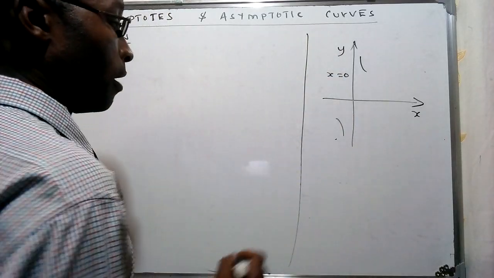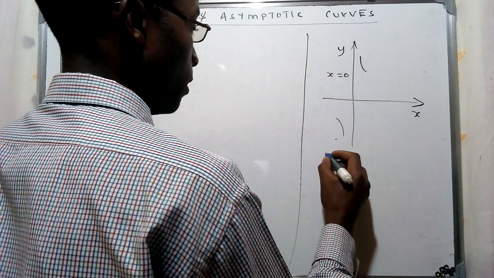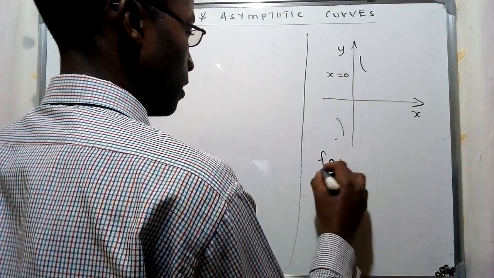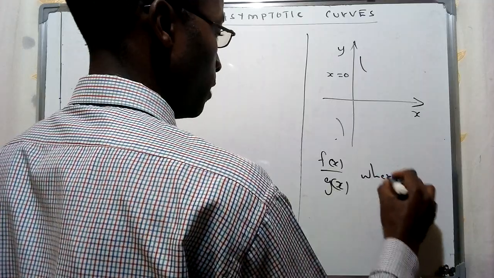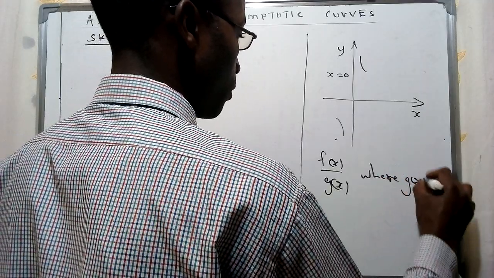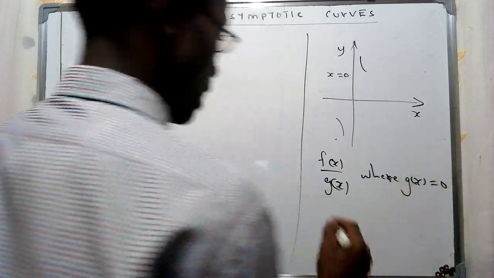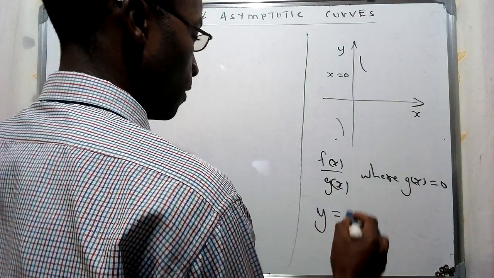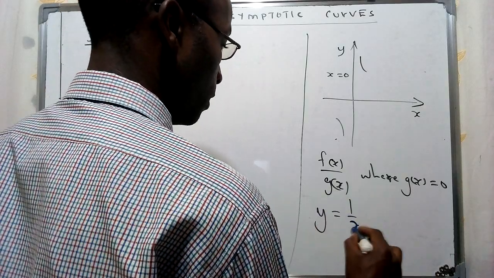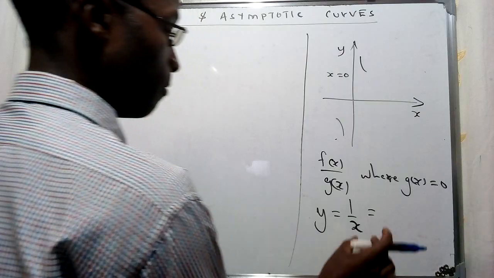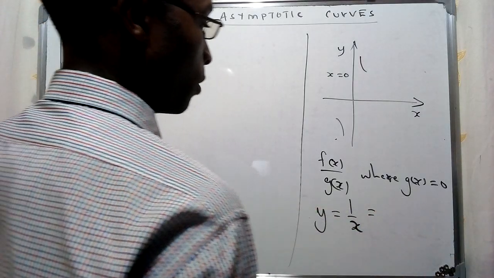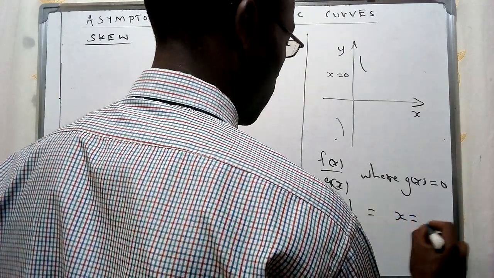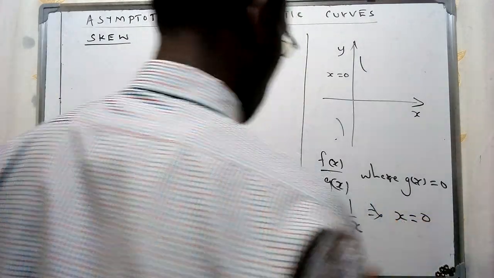And we said that for a vertical asymptote, this can be defined on a function given in terms of f(x) over g(x), whereby we said that the value for g(x) is going to be 0. And we had given an example of this specific function, and we said that we are going to have this specific function for the value of g(x) equivalent to 0. And of course, that's going to be forming our specific asymptote in this particular case.